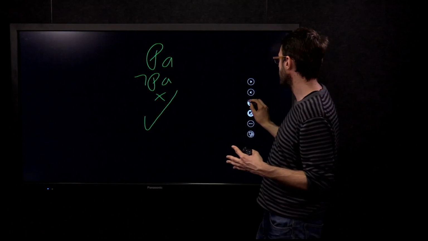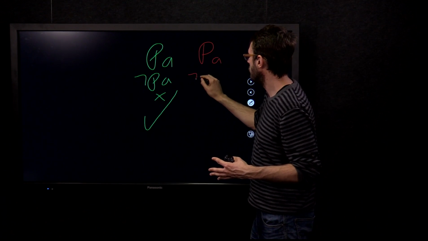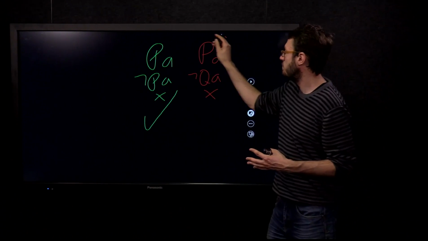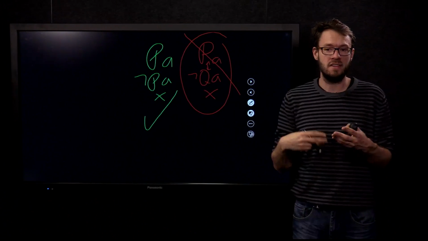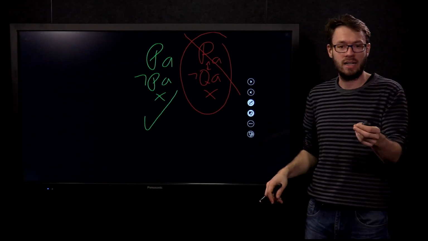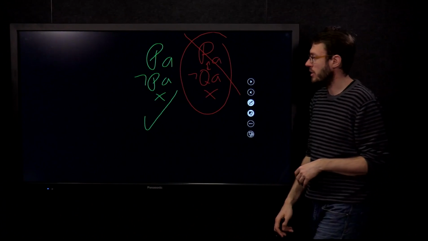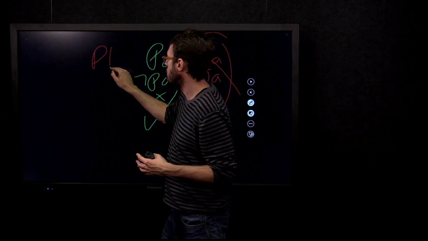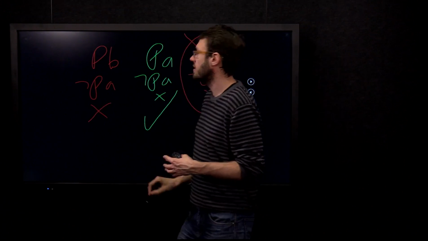Now here are two things that are incorrect. First, you've got PA and then you've got not QA and you close on that. The reason that this is bad is because the predicate letters disagree. They're not the same predicate letter. It always has to be the same predicate letter in order to close a particular branch. The other thing that's not allowed is if you've got PB like this, and you get not PA, and then you close on that.